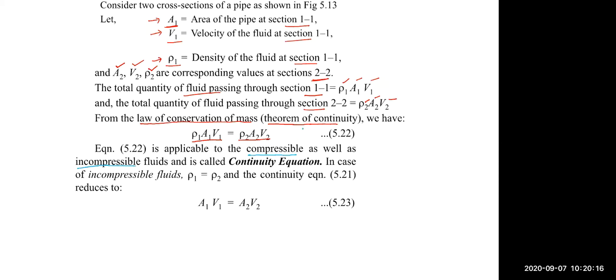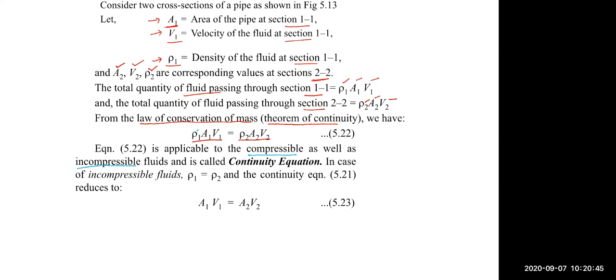Can anyone tell me the definition of compressible and incompressible? Anyone in the class? We have 56 participants. Out of these 55 students, can anyone tell me what is compressible flow and what is incompressible flow?